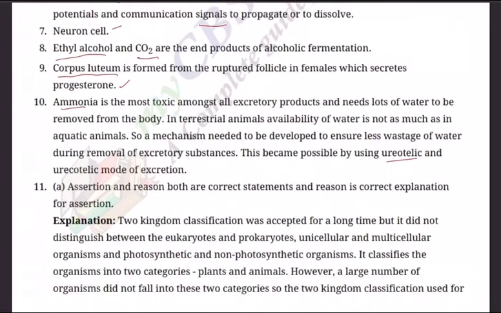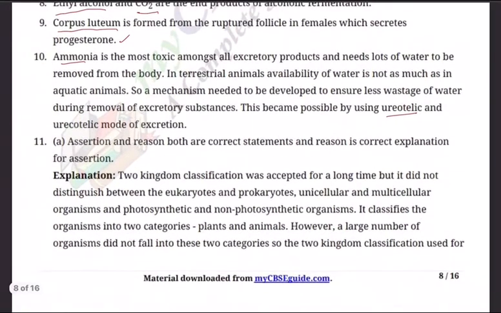Answer A. Assertion and reason both are correct statements, and reason is the correct explanation for assertion. Explanation: two-kingdom classification was accepted for a long time, but it did not distinguish between eukaryotes and prokaryotes, unicellular and multicellular, photosynthetic and non-photosynthetic organisms.